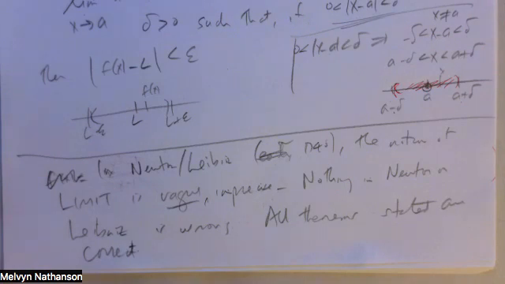Everything in Newton and everything in Leibniz is correct. Everything is right. So they had what today we would call an intuitive understanding of limit, but didn't have the precise definition. That did not get written down until about 1880 or so.